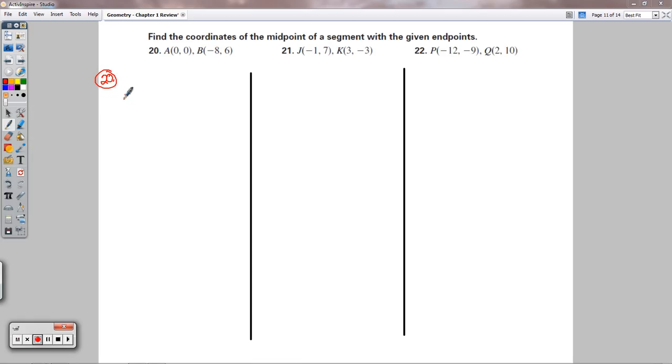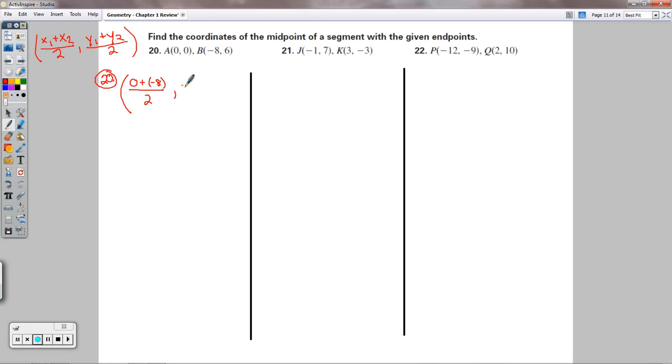So the midpoint formula, again, tells us that we do x1 plus x2 and divide it by 2. That's halfway. The average of the x values is another way to say that. We do y1 plus y2, so take the 2 y coordinates and divide it by 2. That's your midpoint. For here we would have the x values, 0 plus -8 divided by 2.